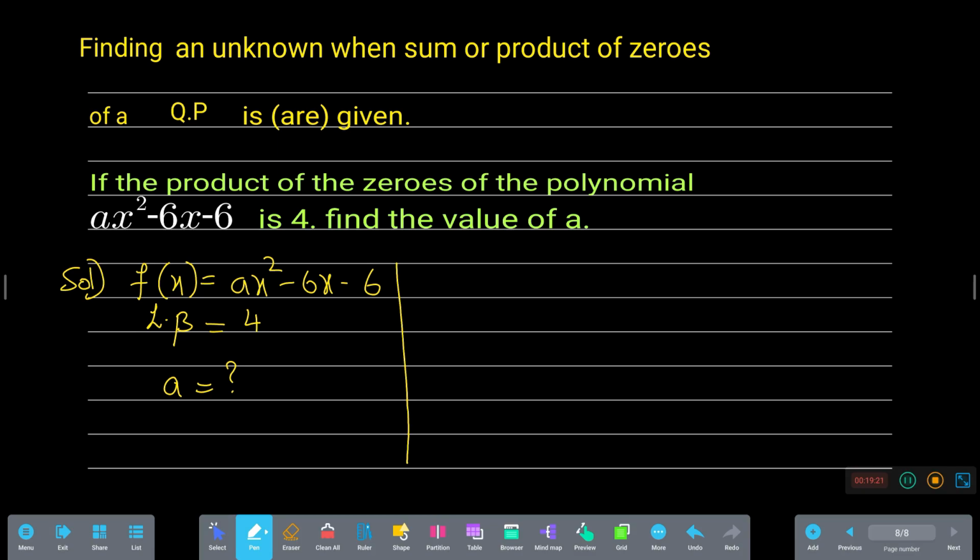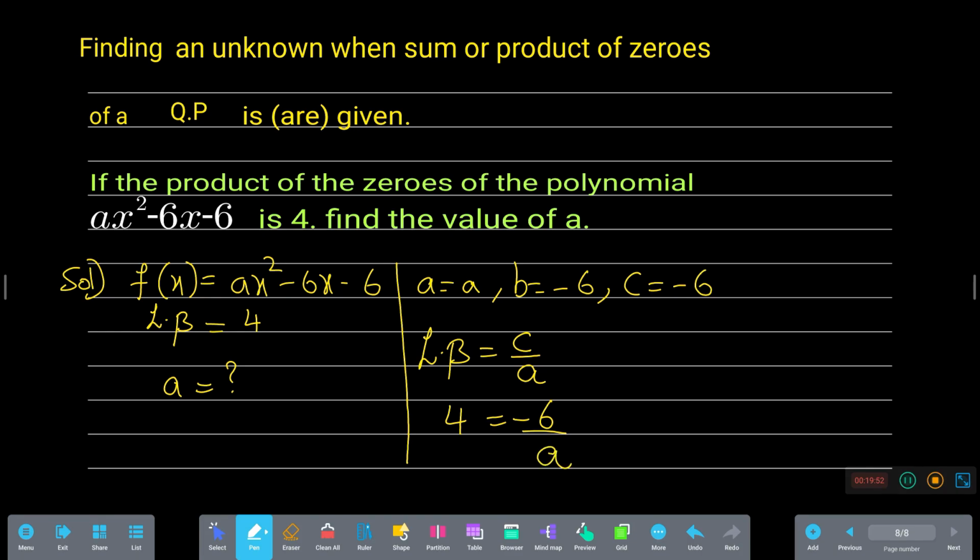So we have, in the place of a we have a only, in the place of b we have minus 6, and c is nothing but minus 6 again. Okay. So we have product of zeros alpha into beta equal to c by a, right? So product of zeros alpha into beta is given as 4, is equal to c, we have minus 6, by a.